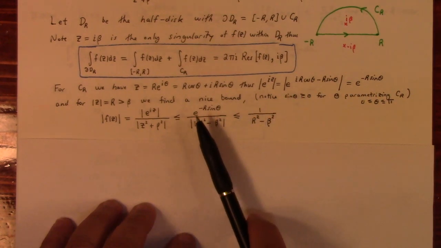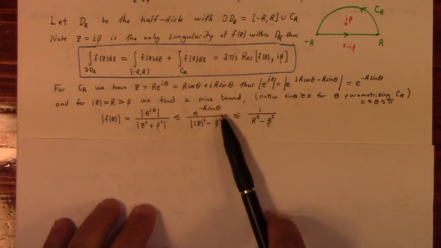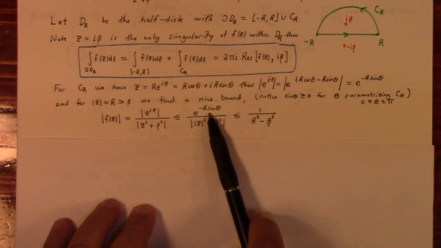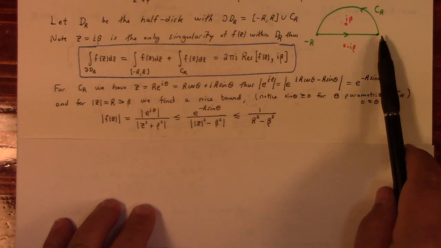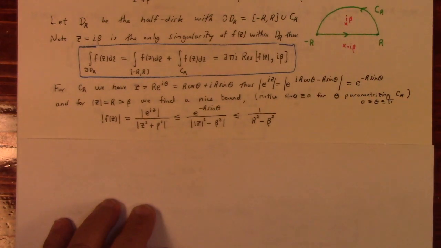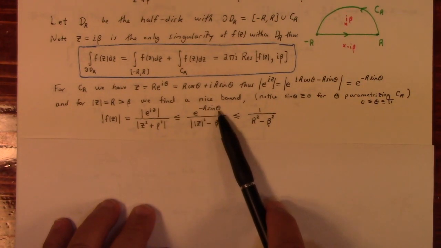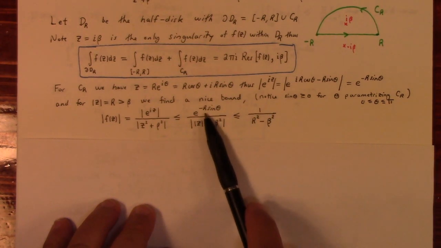But the thing is, as long as r is greater than beta, noticing that sine theta is between 0 and 1 for theta going from 0 to pi, as we would want on this upper half circle, e to the minus r sine theta is at most e to the 0, which is 1, by the way. So there you go. We can replace this with 1.